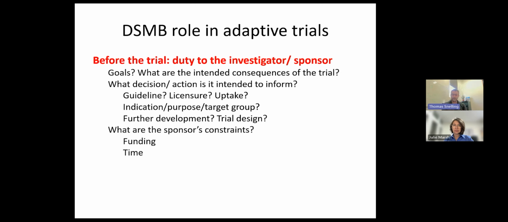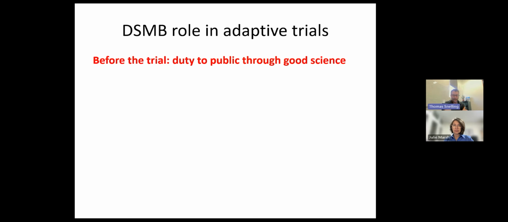People are generally working within fixed time frames, but there may also be regulatory and other constraints. And it's important for members of the DSMB to fulfil their duties, if any, to the sponsor, to understand those things.